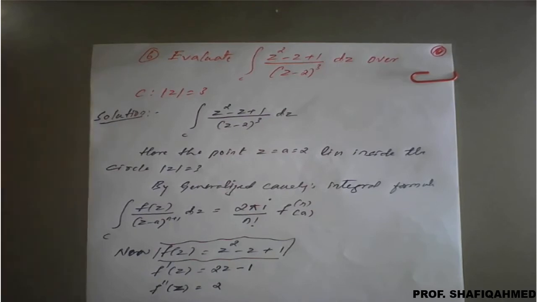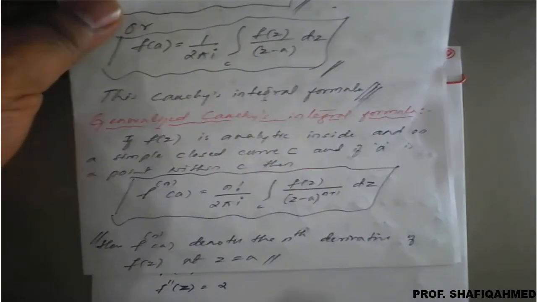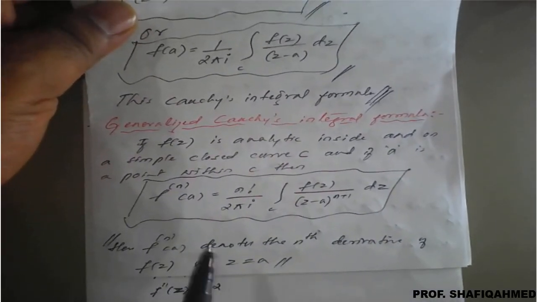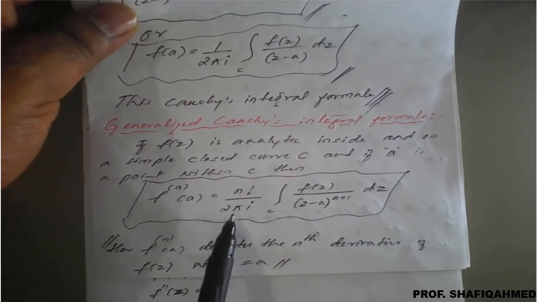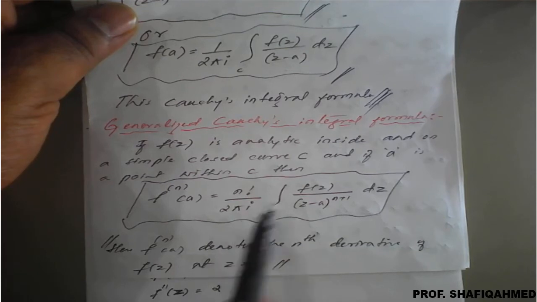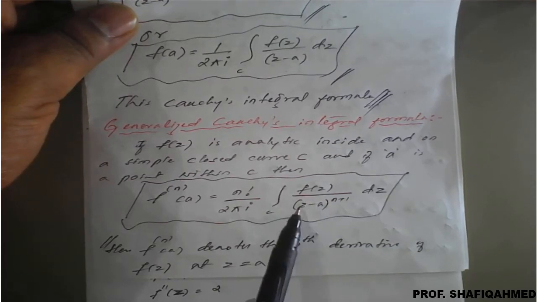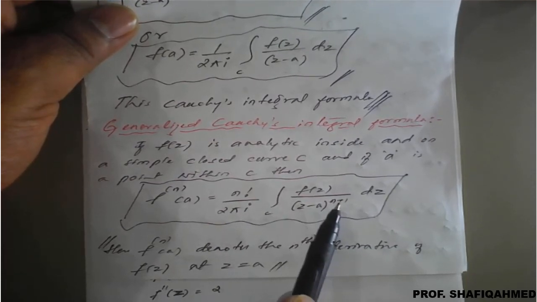So do remember, in the previous class I had given a generalized Cauchy's integral formula, that is nothing but f raised to n of a is equal to n factorial divided by 2 pi I integration of f of z divided by z minus a raised to n plus 1.